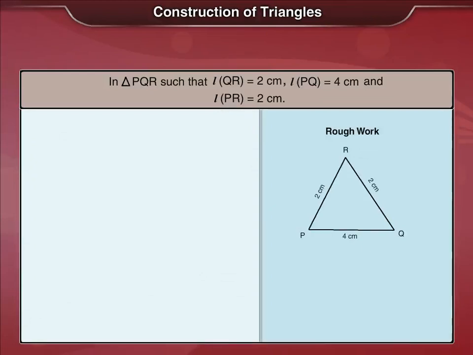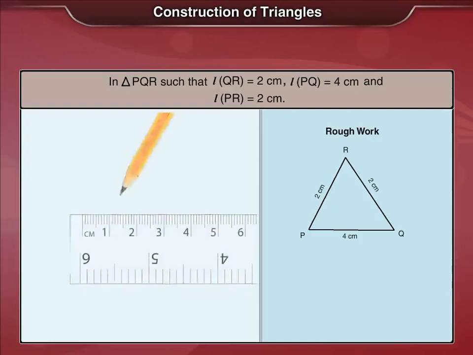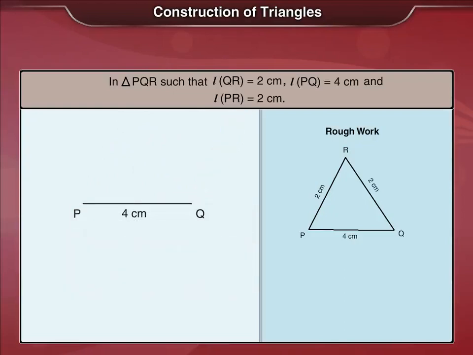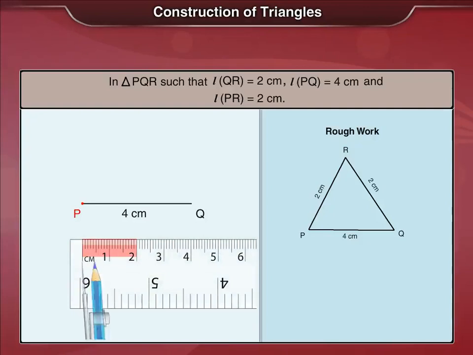To construct the triangle, we will draw a segment BC of length 8 cm. Angle ABC measures 40 degree. So, place the protractor at point B, mark a point at 40 degree, and draw ray BX.